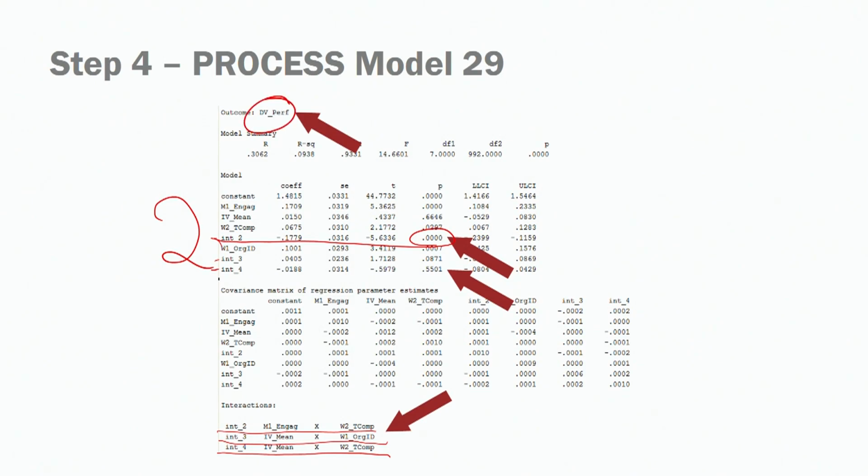P is less than 0.05. The other 2 interaction terms are controls in this model. We are partialing out the effects of these other 2 interaction terms on our dependent variable, task performance. And down here we have the covariance matrix for all of these coefficients.